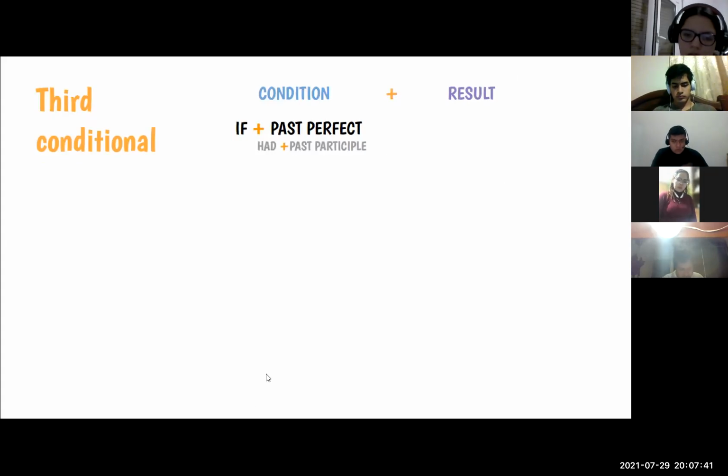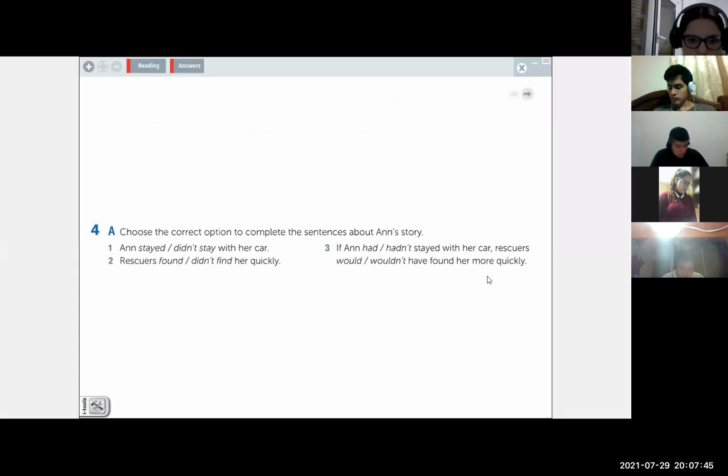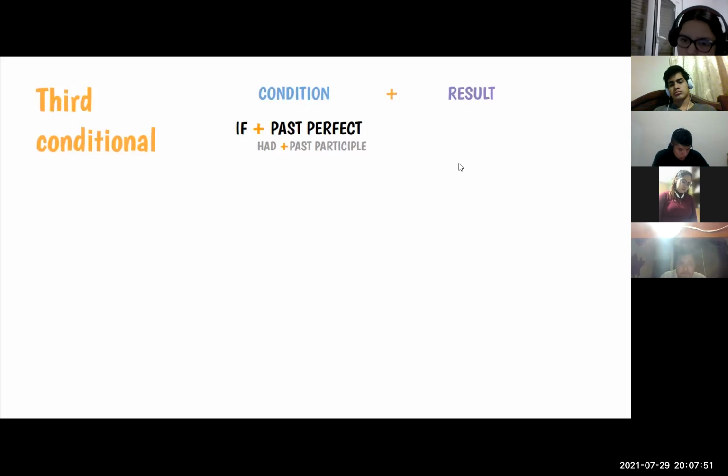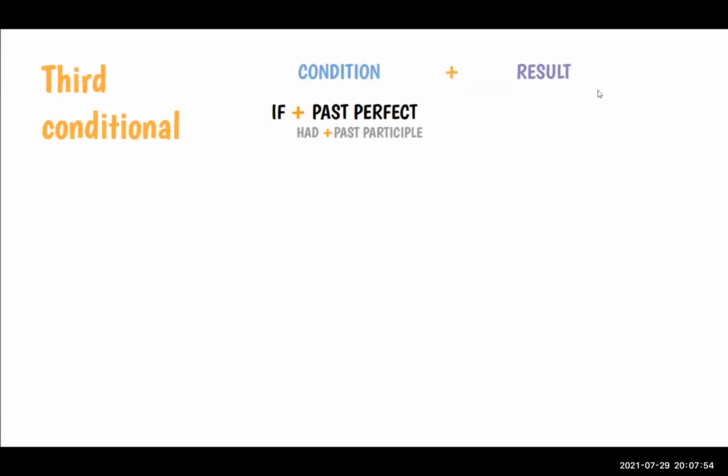And the result, look at your example in exercise number 4. Would have, and a verb in past participle. Very good. And here we have the perfect conditional, that is would have or could have, and the past participle form of the verb.